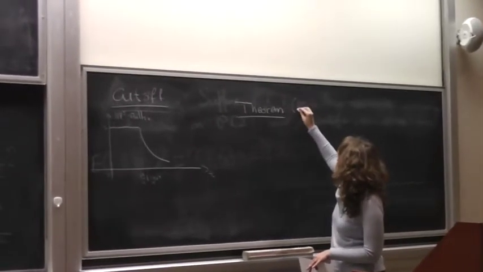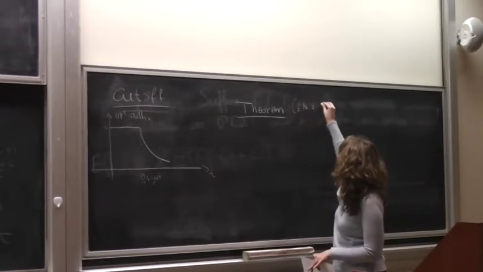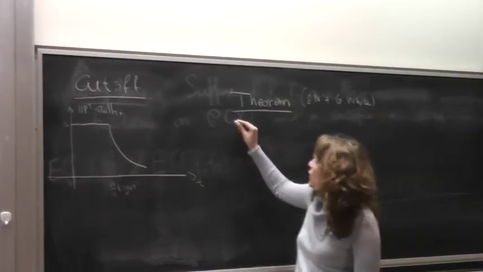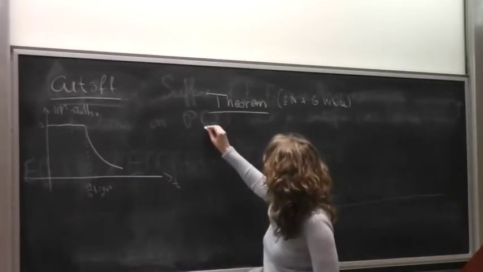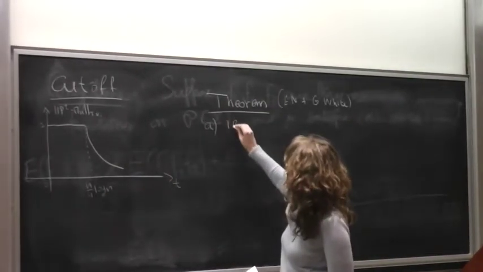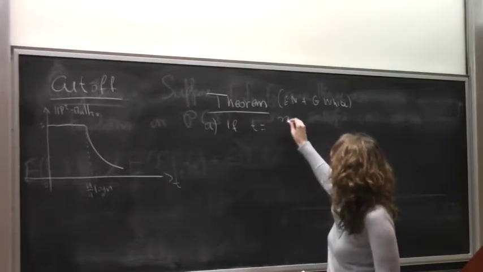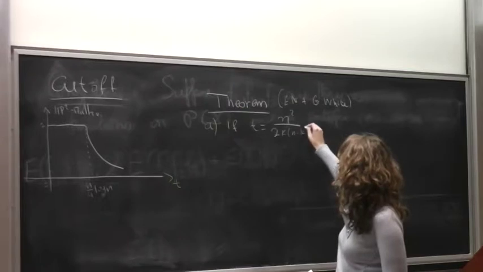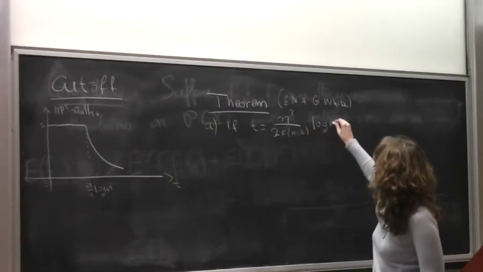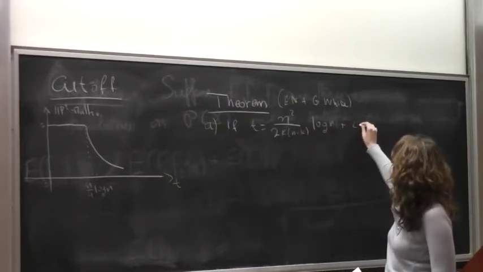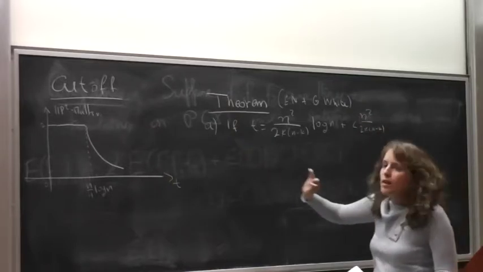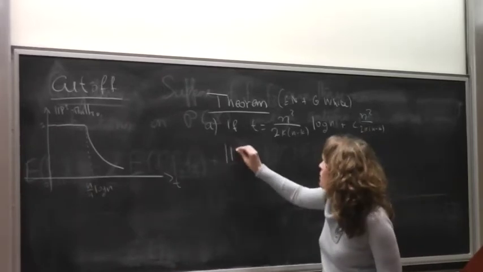So, part A says that if t is of this form and a little bit more, then the total variation distance is 1.